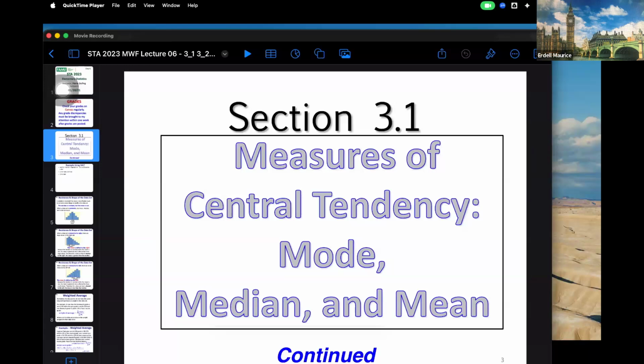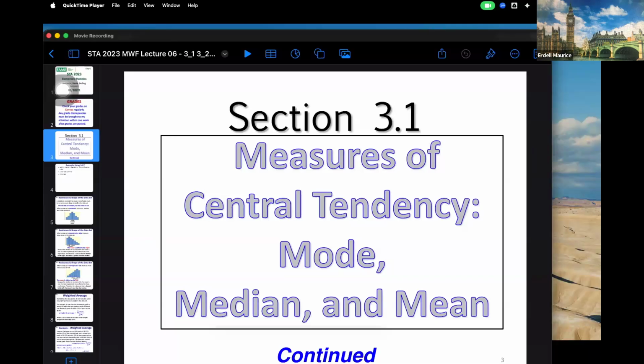Some of the advantages of the mode, that it is easy to calculate. Some of the disadvantages of the mode is that it does not necessarily give us the center of the data set. If I have a whole bunch of numbers and then I just have one number repeated twice, say for example, numbers 1 to 100 and the number 0 happens to be repeated twice, that's the mode, but that's nowhere near the center of the data.